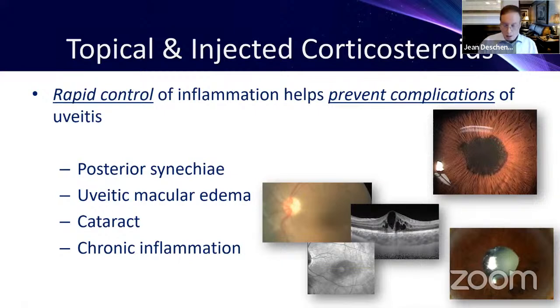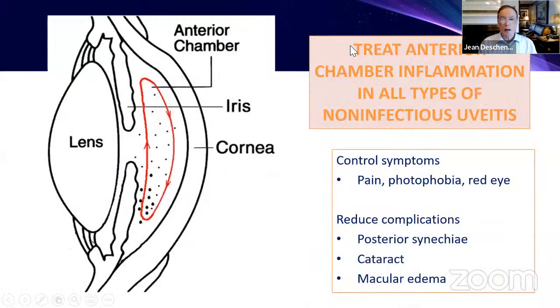And it's important to treat rapidly with topical and possible injected corticosteroid to prevent chronic inflammation. So for the anterior chamber inflammation, it's very important to treat with topical corticosteroid, and this is good for all non-infectious uveitis.